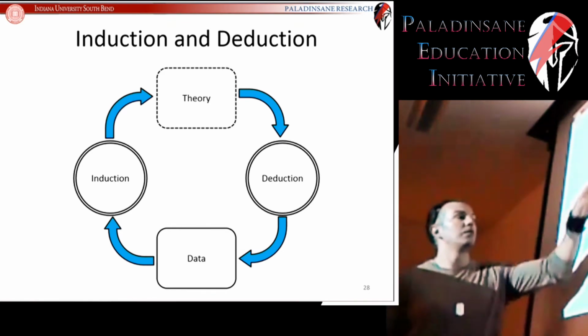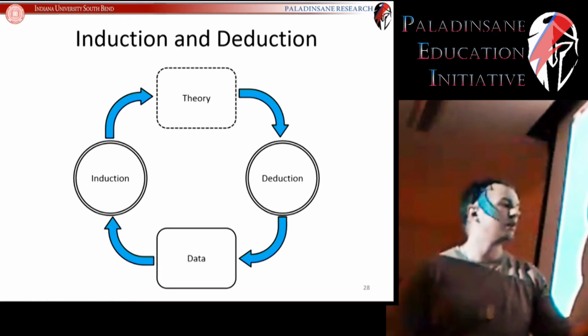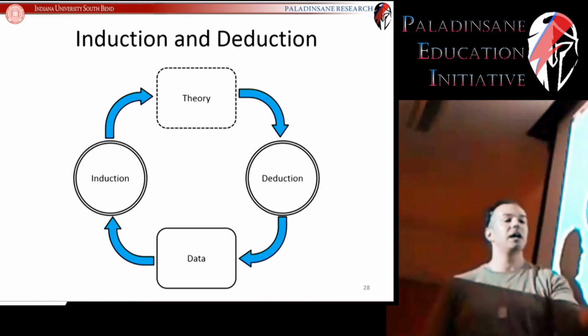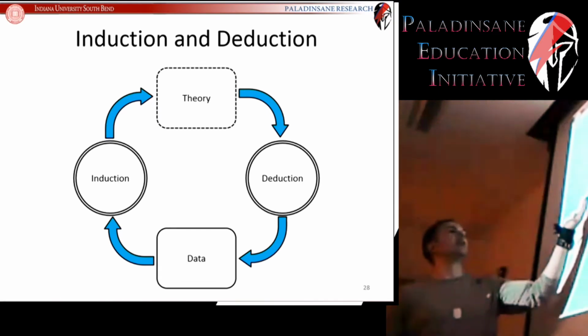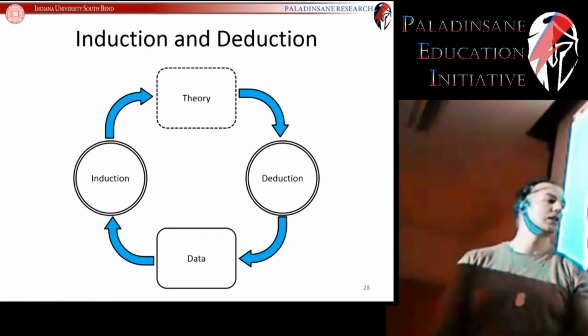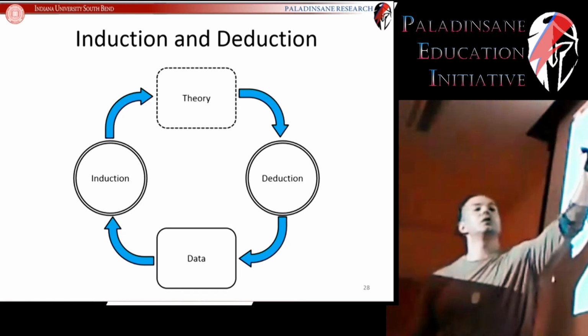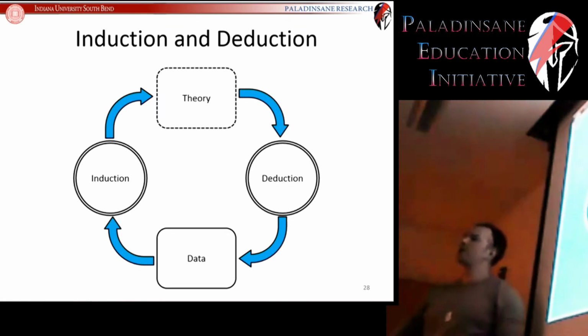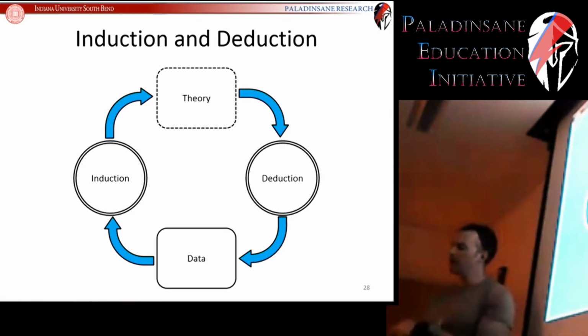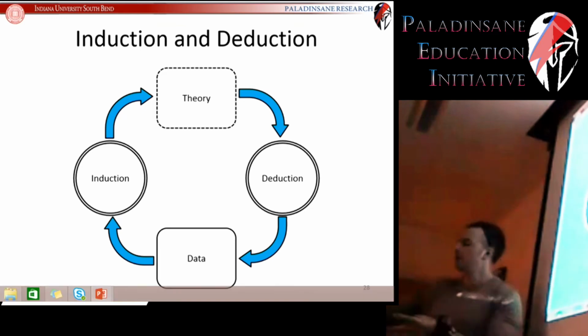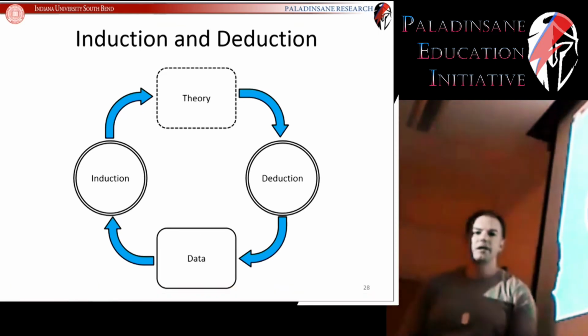So you then, with this new theory, make a new deduction that has a new prediction. You collect the data. If that theory is wrong, you then induce a new theory, new deduction, new prediction, find the data. If that theory is wrong, you then induce a new theory, and you go around and around and around, coming up with new, better theories, replacing older theories that don't work.